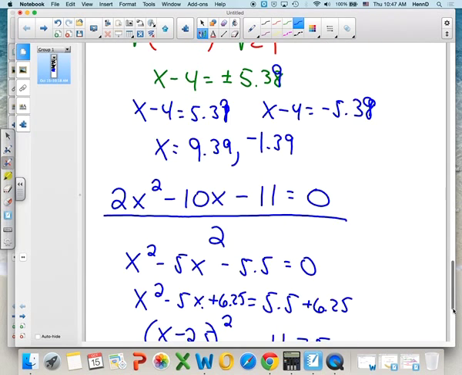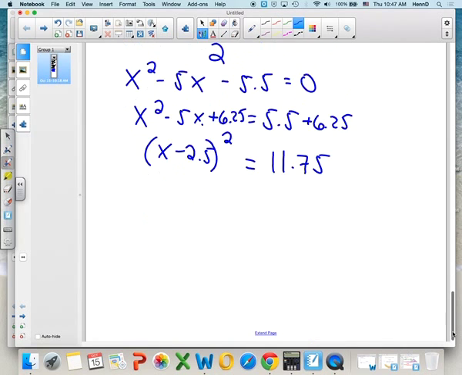So you can always just chop that number in half if you don't like factoring. And again, that's only going to work with completing the square. That's not a good way to factor, but it's always going to be a trick that works with completing the square. And now you just square root both sides.